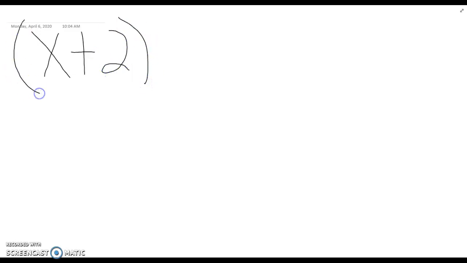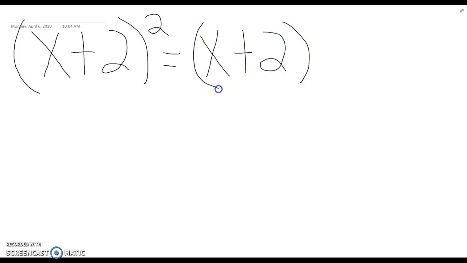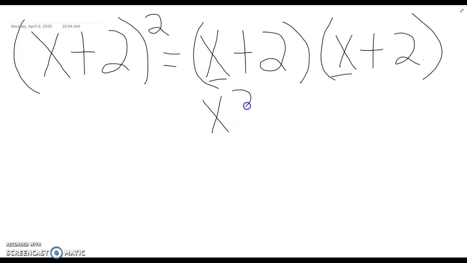If we are multiplying x plus 2 quantity squared, remember what that looked like. If we did FOIL, it would be x plus 2 times x plus 2. The first times the first is x squared.